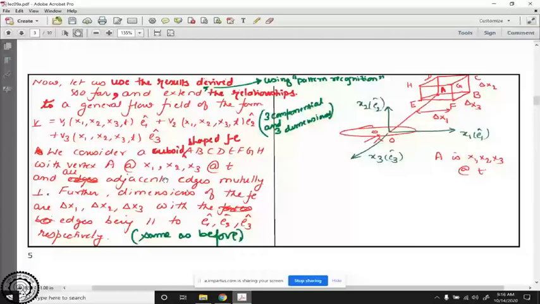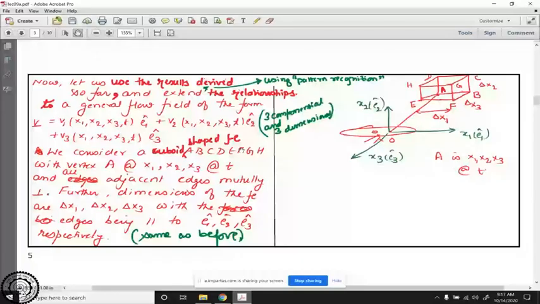We want to go to a general flow field, and what I will do is use the results derived so far and extend those relationships for a general flow field which is completely generic, so three componential and three dimensional. Now, the way I'm going to extend the result, I'm going to use pattern recognition. I'm not going to derive it, as I told you earlier, because the algebra becomes a lot. If you want, you can do it yourself. But right now in this class, I will do pattern recognition and extend it.